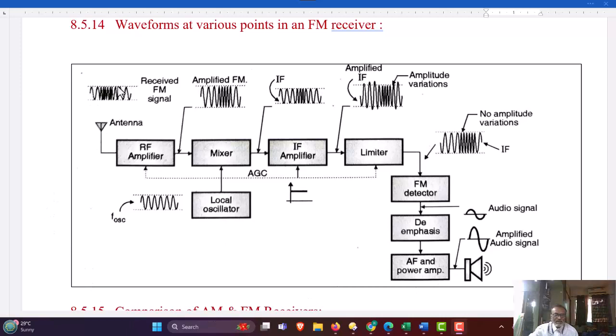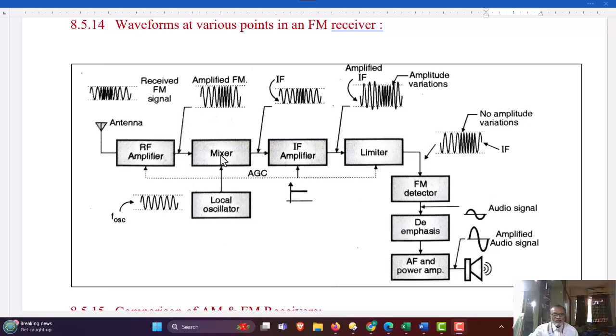Here, the block diagram and various waveforms at various stages of FM receiver are shown. The signal received at the antenna, that is the FM radio station signal, is a frequency modulated signal. Oscillator signal is a constant frequency signal which is the same as the carrier of the selected radio station. And therefore, you will see here a constant amplitude, constant frequency signal.